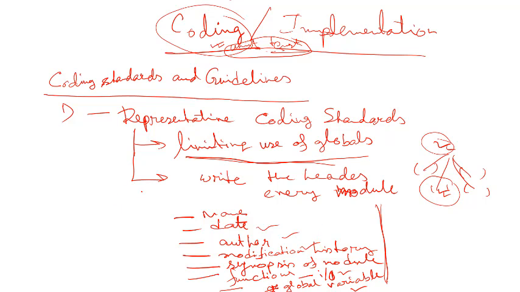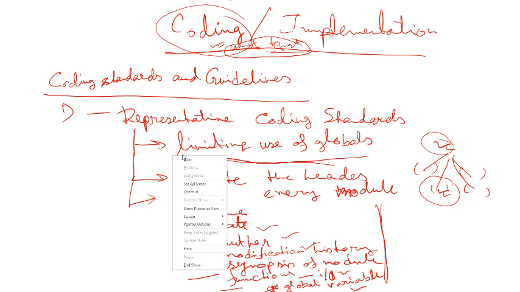Okay, next one is naming conventions. You should follow your own naming convention, like for global variable, local variable, or constant, etc. For example, if this is a global variable, we may use one style of NAME.